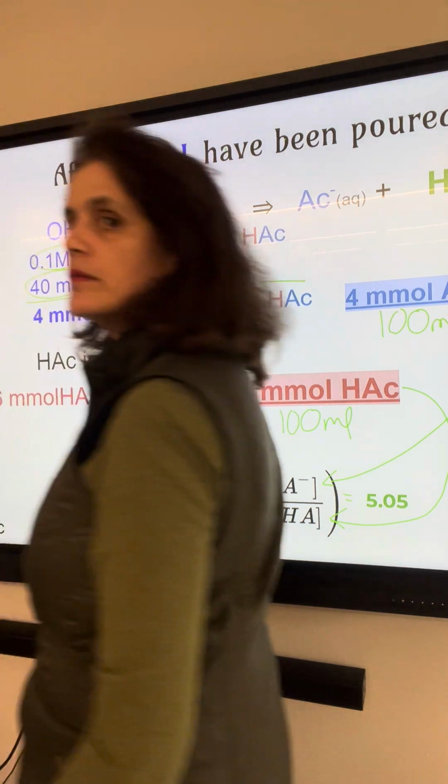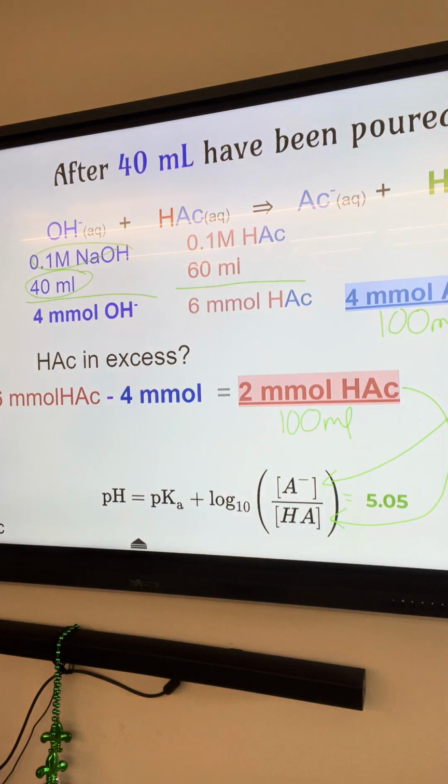Wait, how do you get that again? The A minus is the concentration of your base, but you don't have to, just go ahead and divide by 100. And the HA is the concentration of your weak acid.